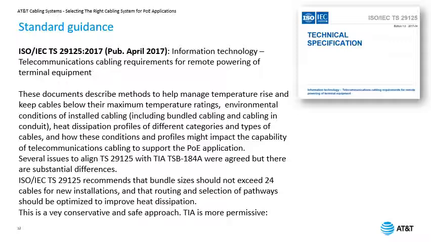The main difference is that ISO IEC 29125 recommends that the bundle size shouldn't exceed 24 cables for a new installation, and that the routing and selection of pathways should be optimized to improve heat dissipation. This is a very conservative and safe approach, while TIA is more permissive.